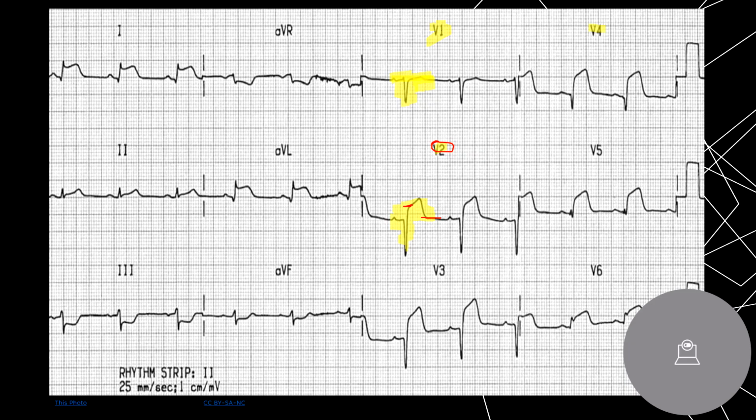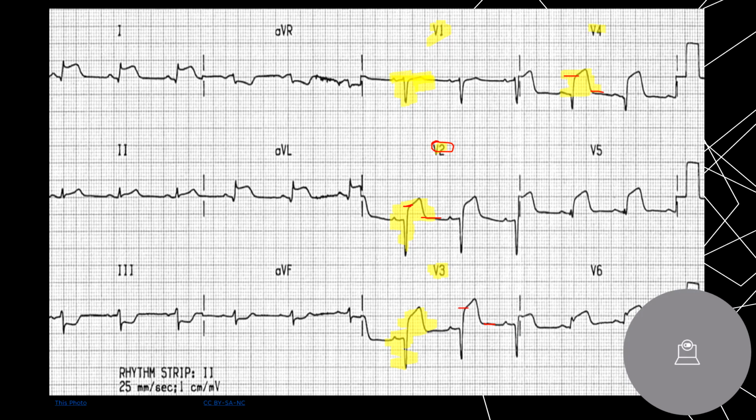Okay, V4. I'm sorry, so V3 and V4. This would be anterior. So again, look at that. Same deal, guys. Huge elevation. V4, huge elevation. Again, how do I know? Gotta find the J point. Baseline, J point.